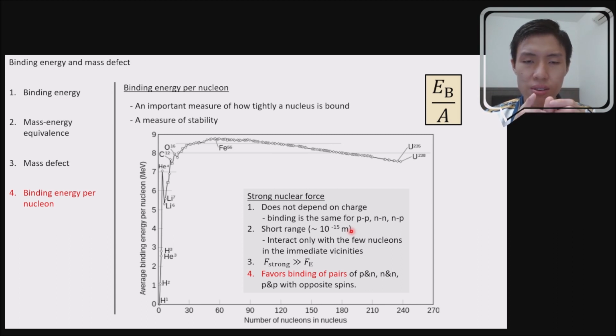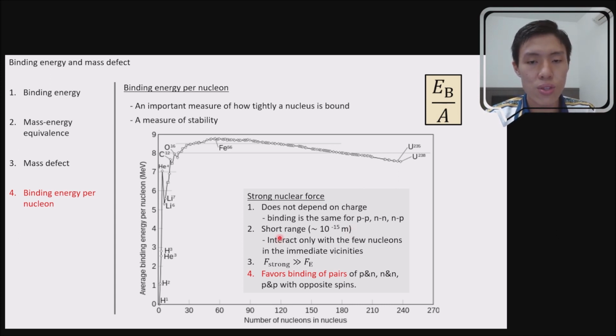Once you go further than 10 to the power negative 15 meters away from each other, the strong nuclear force decreases very drastically. So when you are close together, on the order of 10 to the power negative 15 meters, the strong force is very strong, but once you go outside this range, it becomes very, very weak.